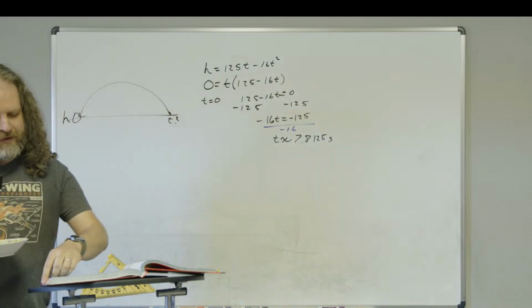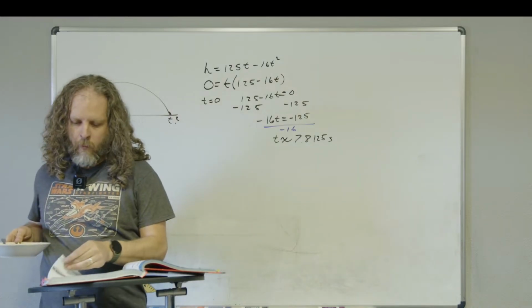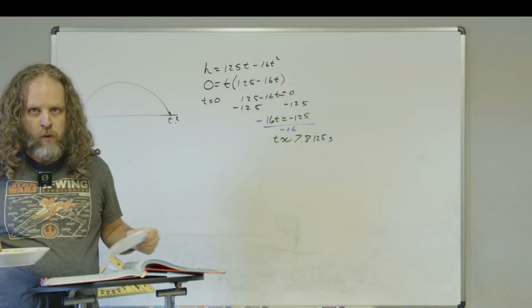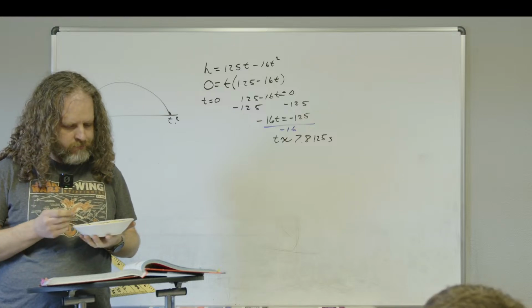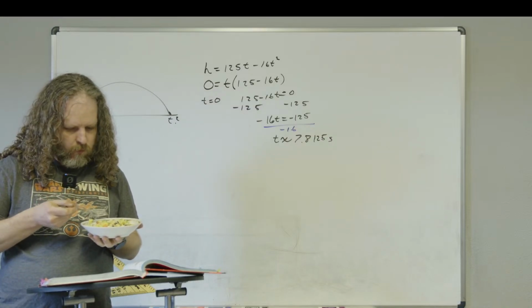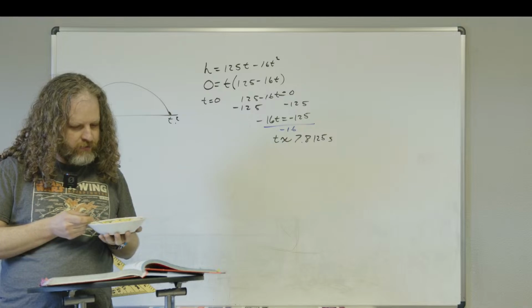All right, let's look at the next lesson. What numbers did we do on this one? 12 through 36 evens.